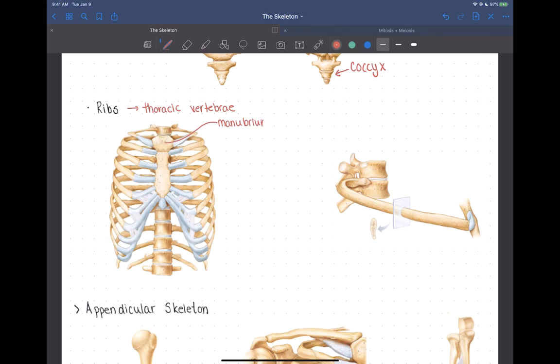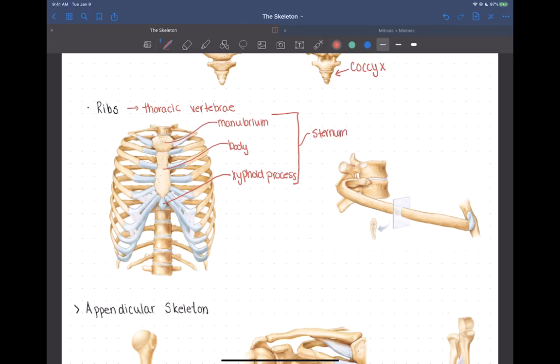And then we have the body. And then at the very bottom, it kind of comes to a point that is called the xiphoid process. Okay, so all together, those 3 parts make up the sternum.